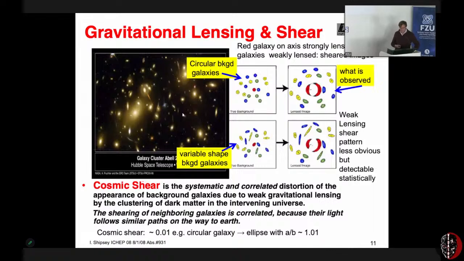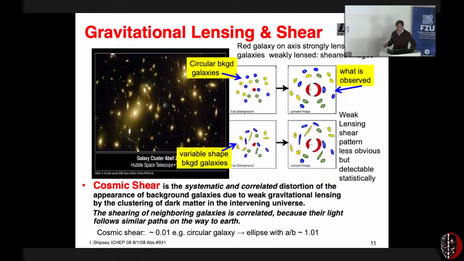Now for gravitational lensing, again, here is a cartoon for people not familiar with that. If you have, for example, circular galaxies, and some big mass around them, then the light is lensed, and you will see a picture like that. The round galaxies will acquire some ellipticity in a certain way around this foreground object.